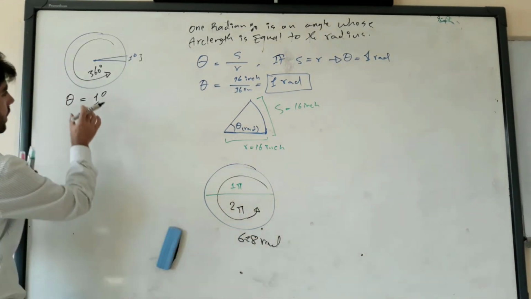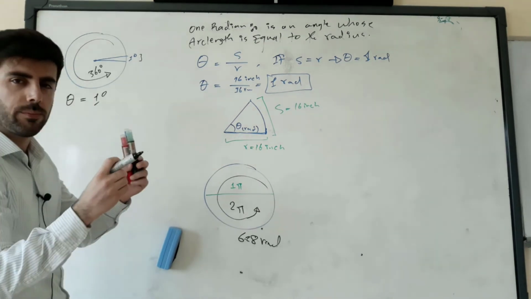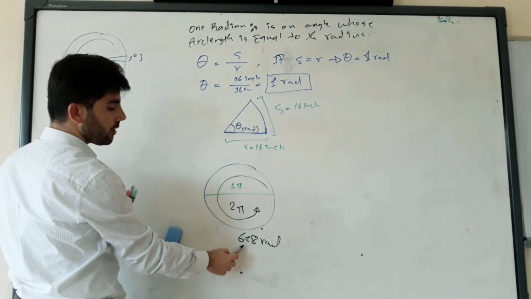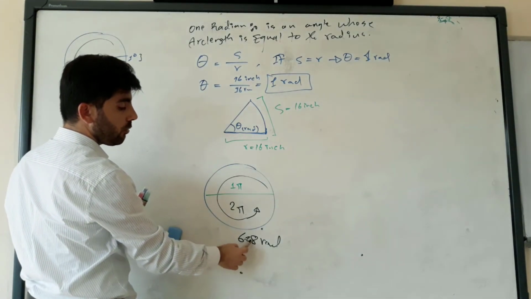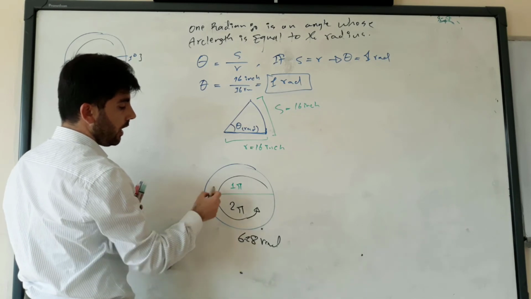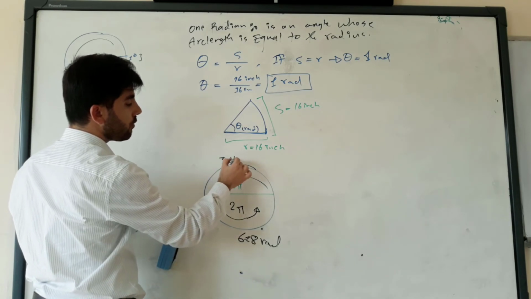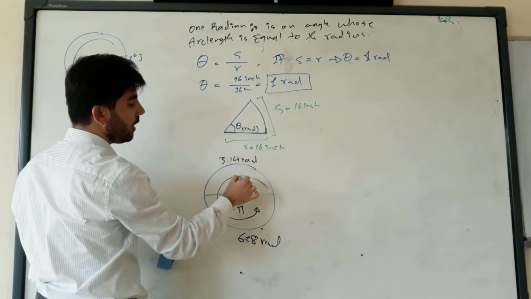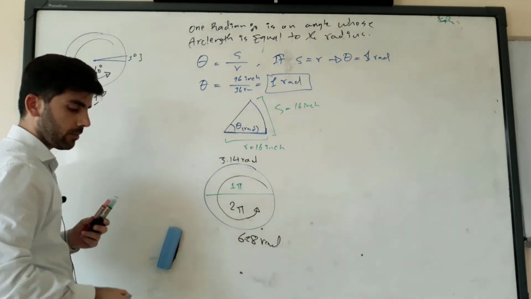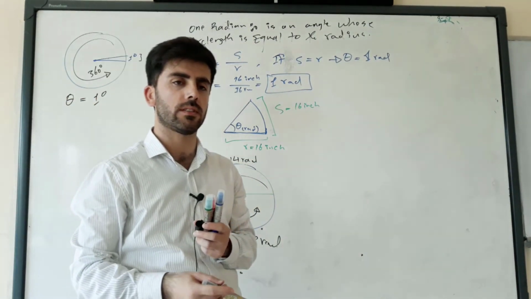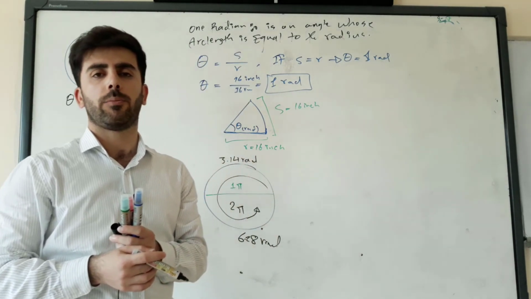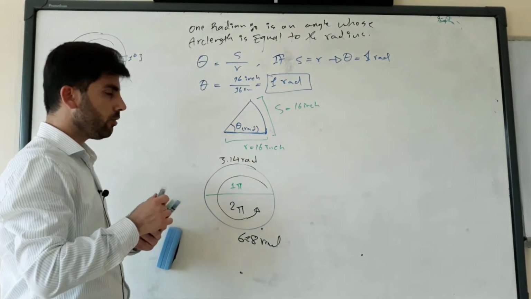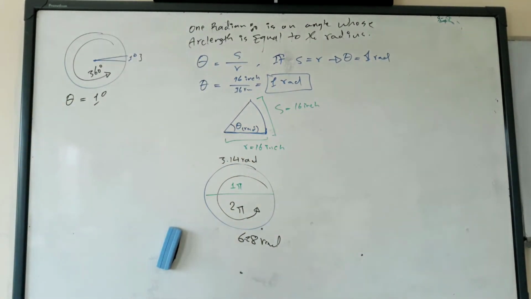Here we divide the circle into 360 pieces, but here we divide the circle into 6.28 pieces, and half of it becomes 3.14 pieces, okay, and a quarter of it becomes 1.57 pieces, okay, guys? I hope you understood this topic.